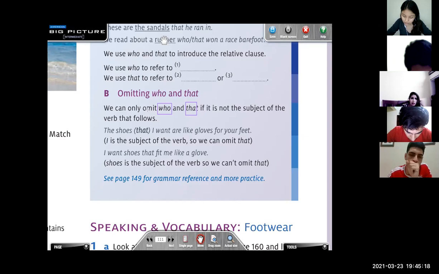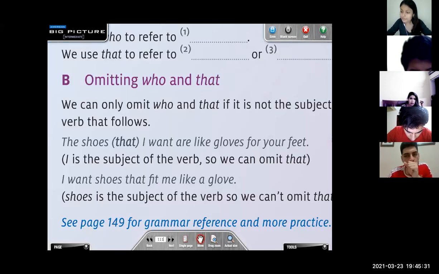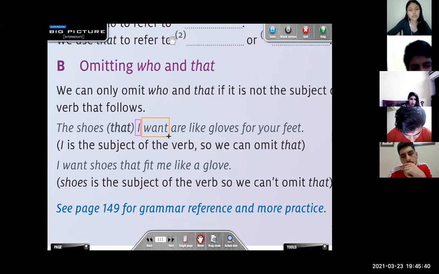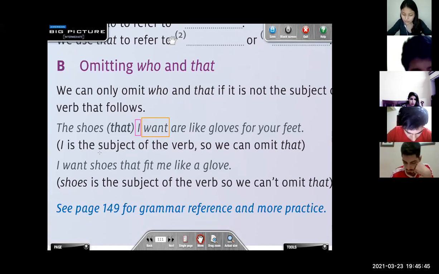As you can see in this sentence, that is the object. How do we know that is the object? ¿Cómo podemos saber que es el objeto? Because it's followed by a subject and a verb. Very good. I is the subject of the verb, so we can omit that.